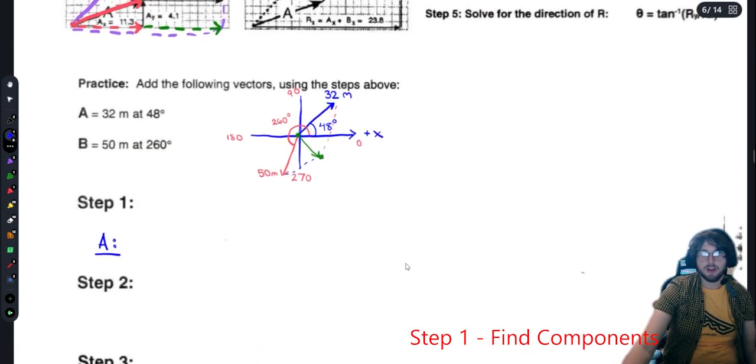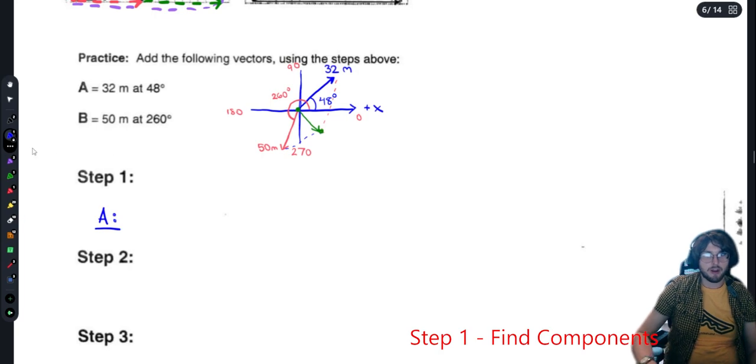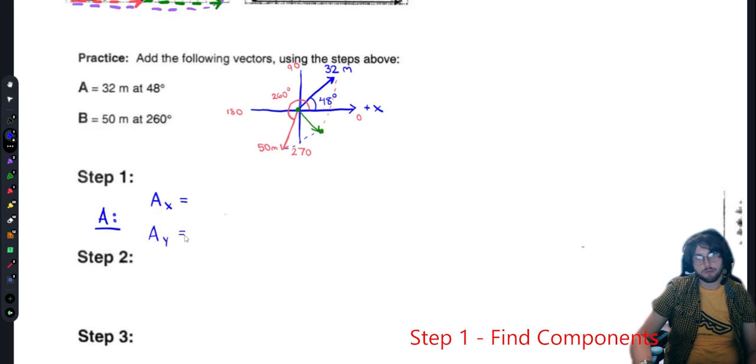Okay, so down here, for the x component, I'll call this ax and ay. Well, ax is going to equal the magnitude of a, so I'll just write out the equation first: a times cosine of theta a.